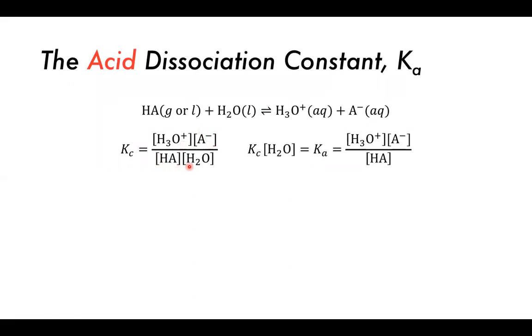And then that's over HA times H2O. And then we can rearrange this, because the water concentration is so huge compared to the acid components that it is typically omitted. And so we multiply through by that concentration, and then Kc times the water concentration becomes equal to Ka, which is equal to this. So remember that the water concentration has not disappeared. It's just been changed to a different constant.